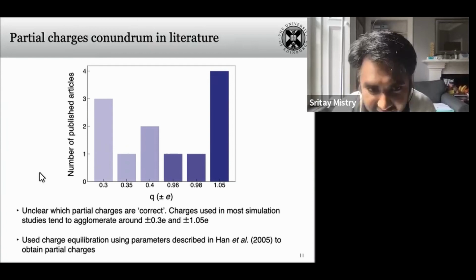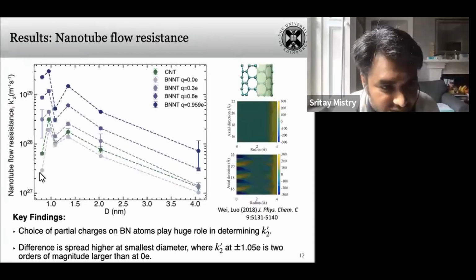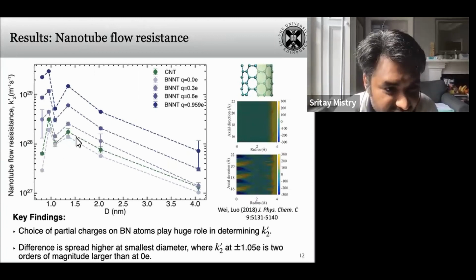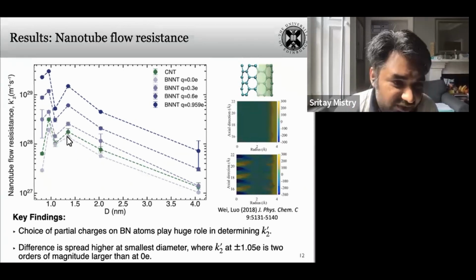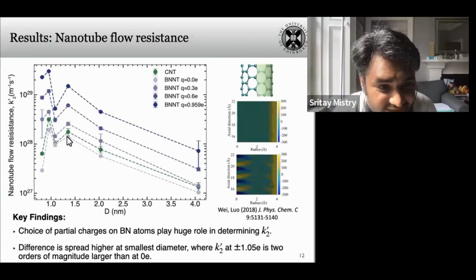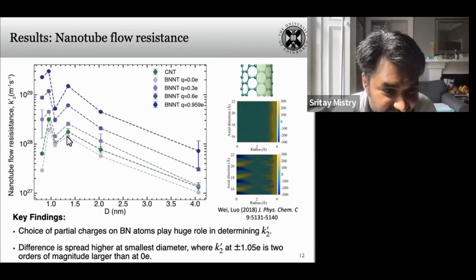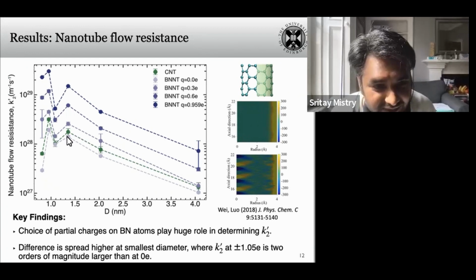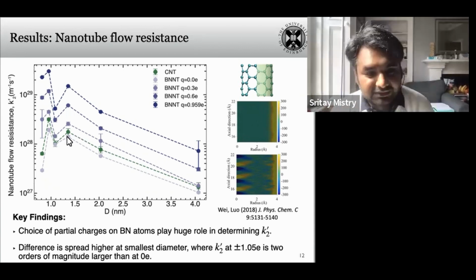But anyway, we wanted to see how this variation of charges actually changes the nanotube flow resistance, which is K2. And so here we do that. If you look at the blue lines, this is K2, the nanotube flow resistance. And you see here that as we decrease the partial charges, the resistance keeps on falling. At no charge, the resistance is in fact less than carbon nanotubes. Conversely, as we increase the partial charges on the boron nitride nanotubes, the nanotube flow resistance K2 increases, right?